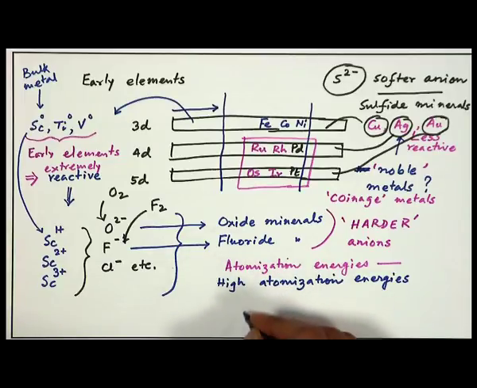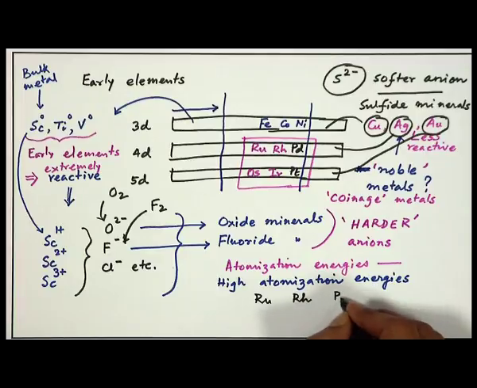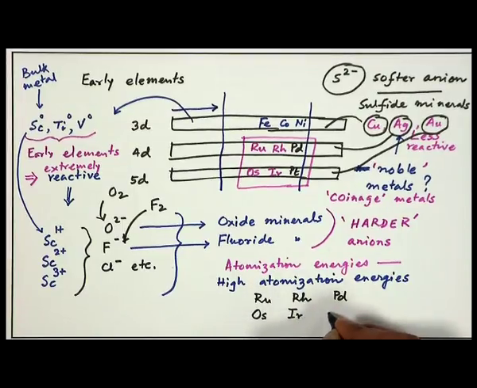So, the whole group therefore, ruthenium, rhodium, palladium, then osmium, iridium and platinum.